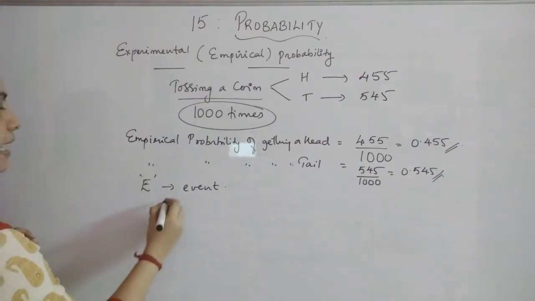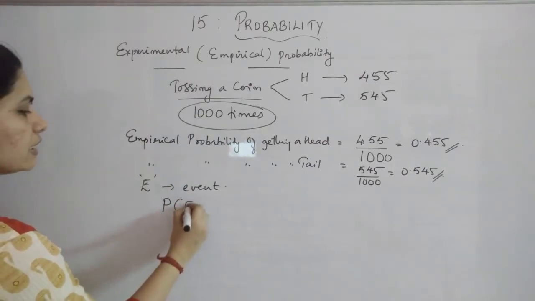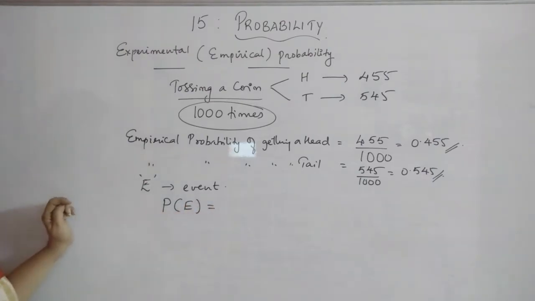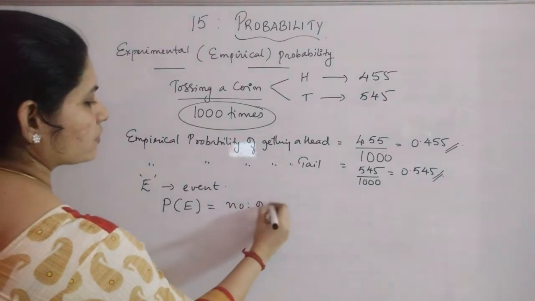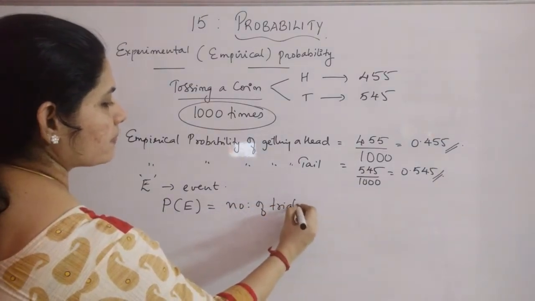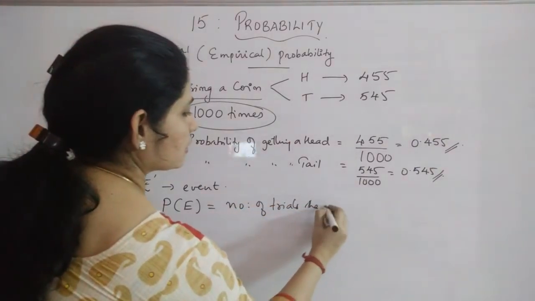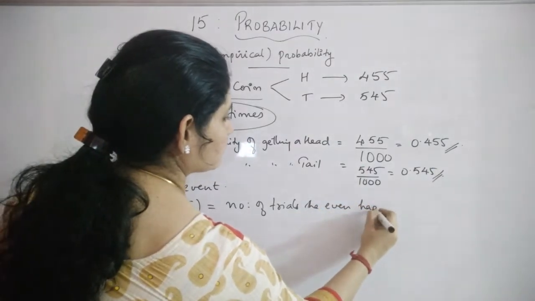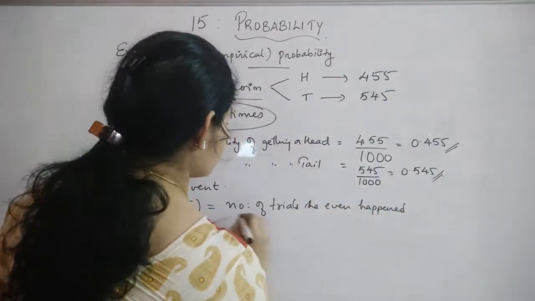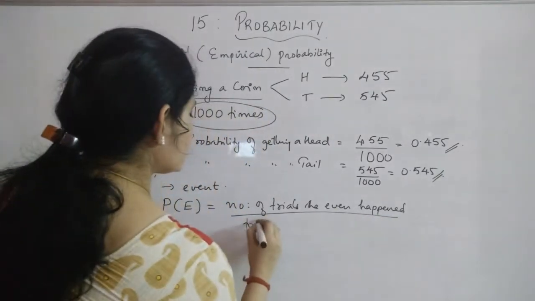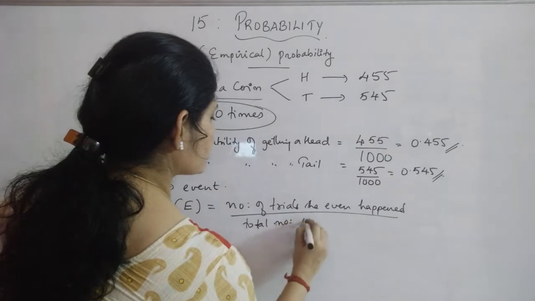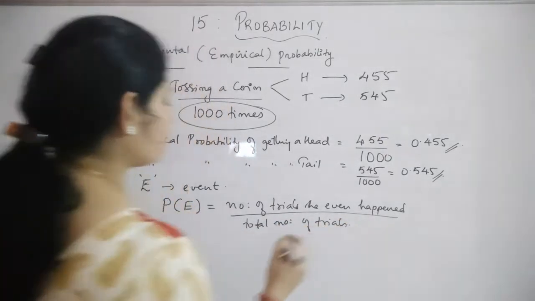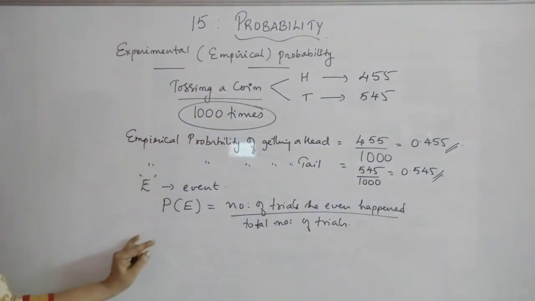Then P of E, the probability of the event E, is the number of trials in which the event happened, divided by the total number of trials. This is the definition of empirical probability.